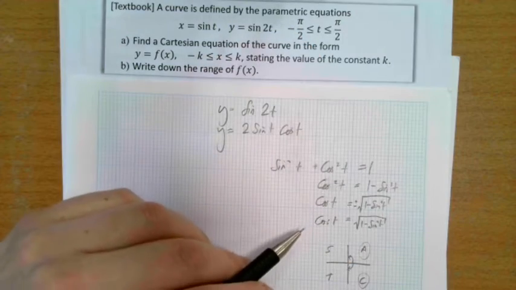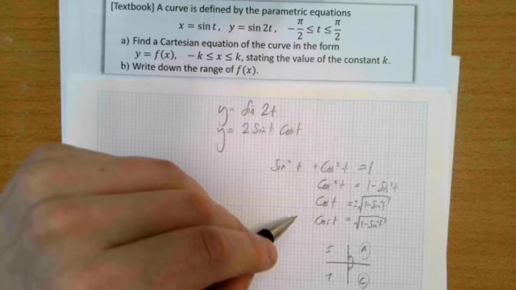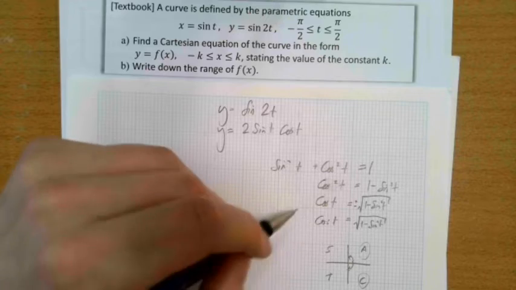The textbook's not very good at glossing over that, and I know it can be something that trips people up who are really thoroughly thinking about this, so well done if you spotted that.